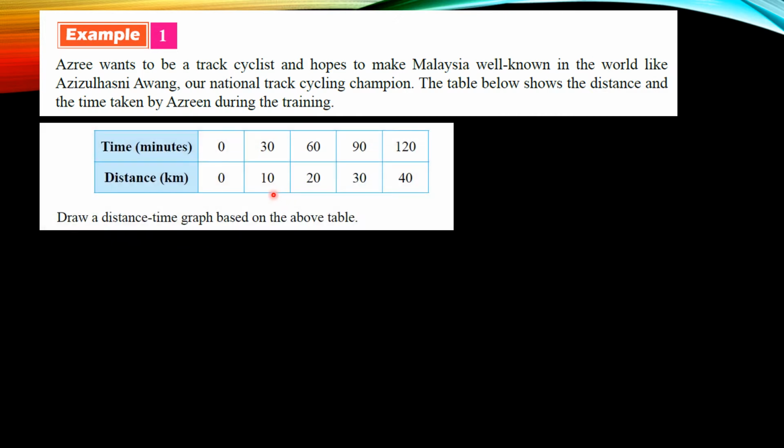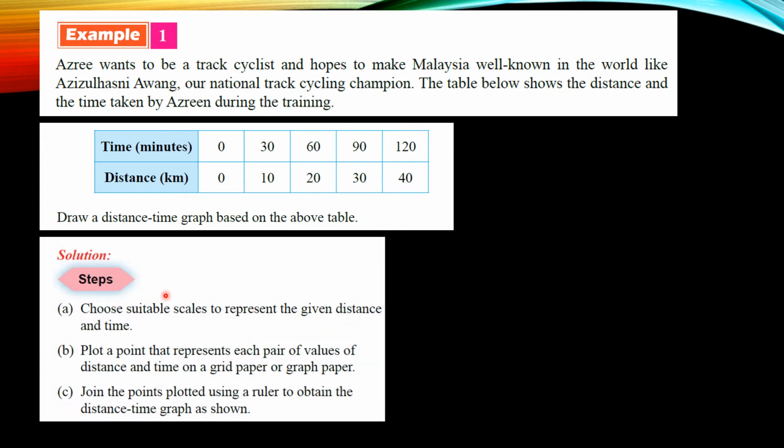Time in minutes and distance in kilometers: 0 minutes, 0 kilometers; 30 minutes, 10 kilometers; 60 minutes, 20 kilometers; 90 minutes, 30 kilometers; 120 minutes, 40 kilometers. The question is, draw a distance time graph based on the above table.